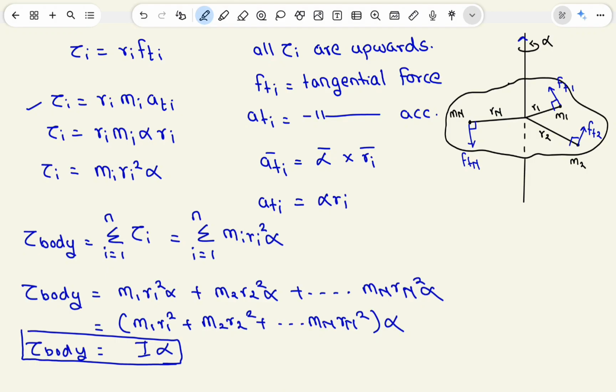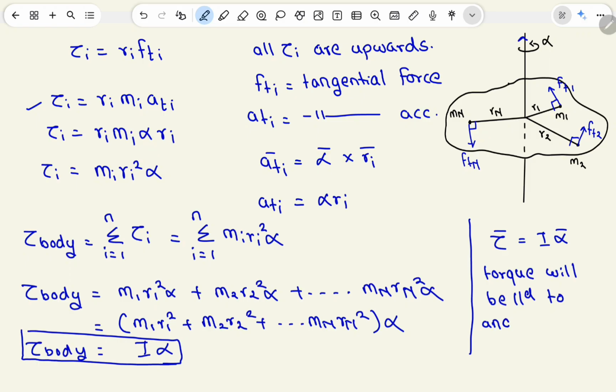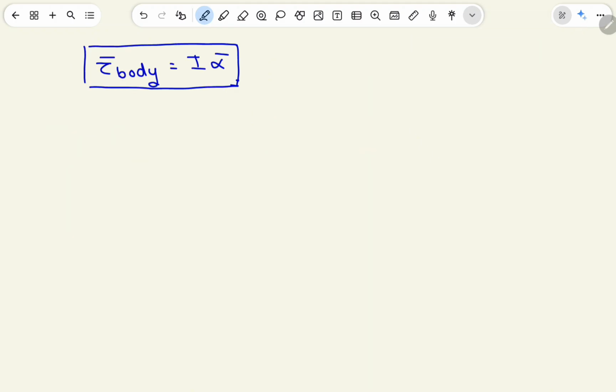In vector notation, we can write that tau bar, the torque acting on the body, is I times alpha bar, which means that the torque is parallel to the angular acceleration. So this is the relation that we have derived: tau is equal to I alpha.